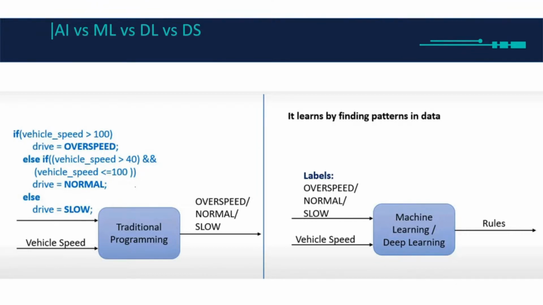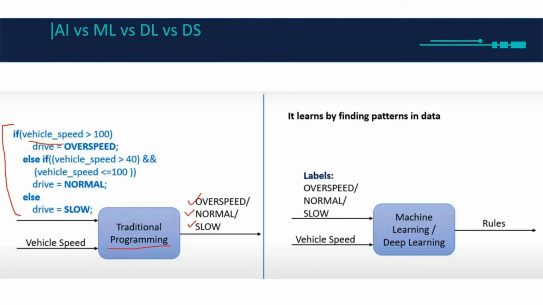If I am driving a car and I have three categories, one is overspeed, then we have normal, and we have slow. If I'm writing this program in traditional programming, I'm going to be doing it like this in if and else.